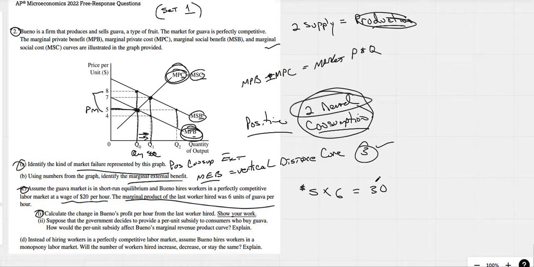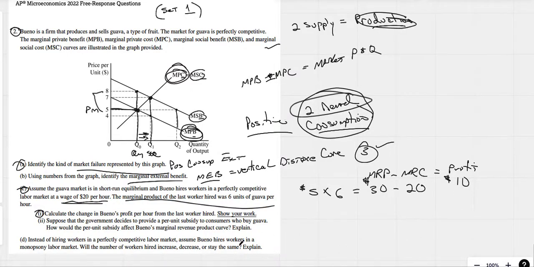That's going to mean he's bringing in $30, right? So this is the marginal revenue product. This is how much this worker is bringing into our company. And we know our marginal resource cost: what he costs us is $20 per hour. That tells us what our profit is. He can bring in $30 an hour, but he costs us $20. Our profit per hour has got to be $10. That should make sense to you. Marginal revenue product minus the marginal resource cost should give us our profit.